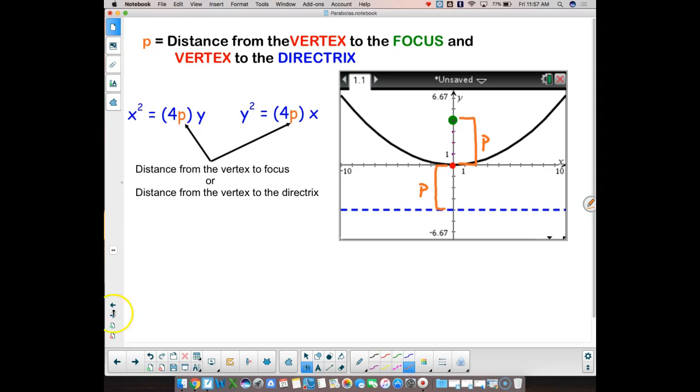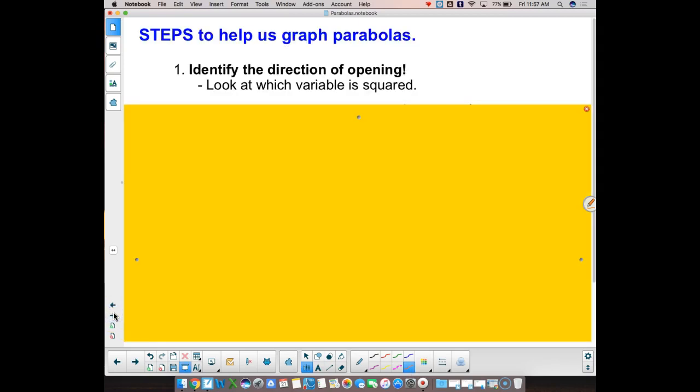So, we're going to give you the basic steps to graphing a parabola. And then on the flip video, we're going to actually graph some parabolas. And then the last example on the flip video, and one of the stations on Monday, Tuesday, will be about making the equation of a parabola from the given information.